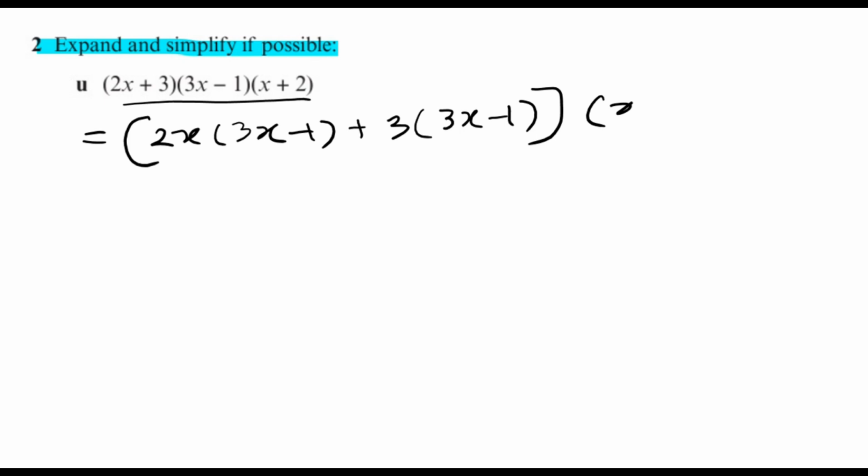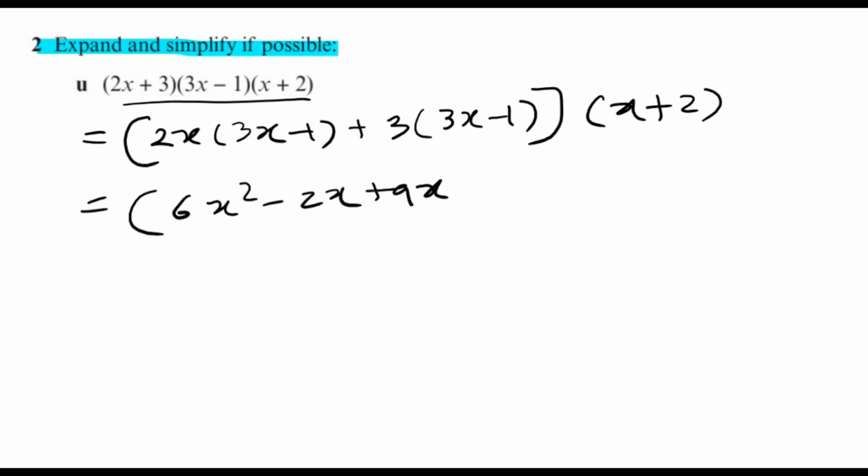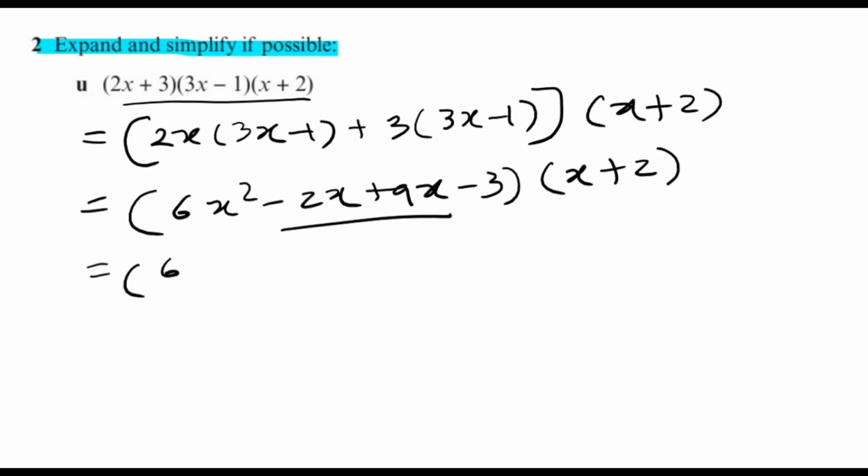Complete the bracket, x plus 2. Simplify: 6x squared minus 2x plus 9x minus 3, x plus 2. Collect like terms. So 6x squared plus 7x minus 3, x plus 2.